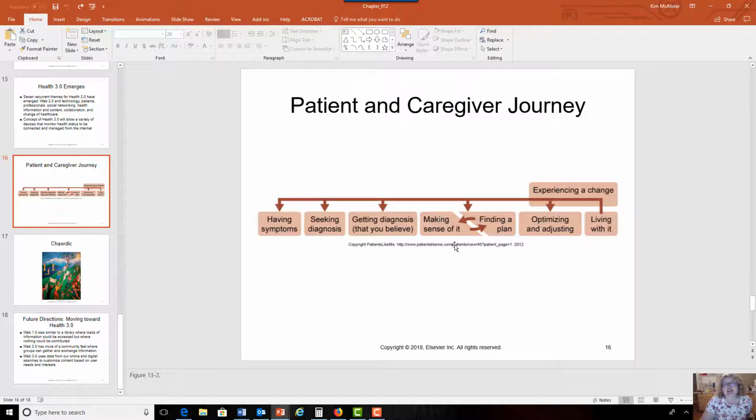And then they're at the point where they have to understand what this diagnosis means. What is it going to mean to their life? And then what are we going to do? How am I going to manage it? And then when they get to the point of optimizing and adjusting and living with it, this is where they really will use a lot of the support sites to get information about that.